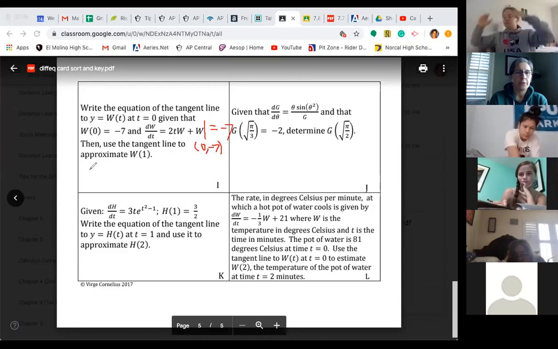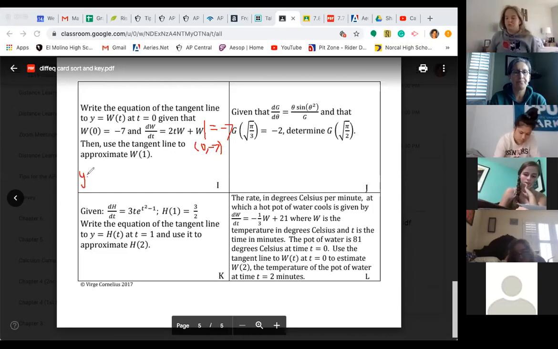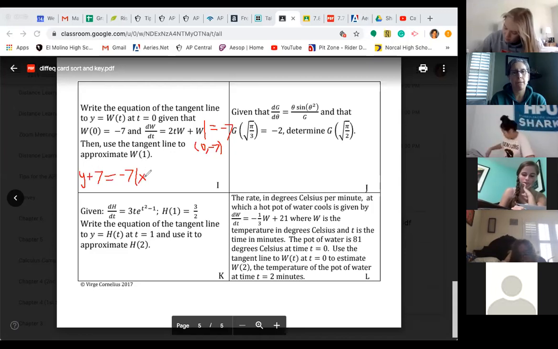And so this is the point. So then the equation of the tangent line is y minus y1. So y minus the y value of the point equals the slope times x minus the x value of the point.